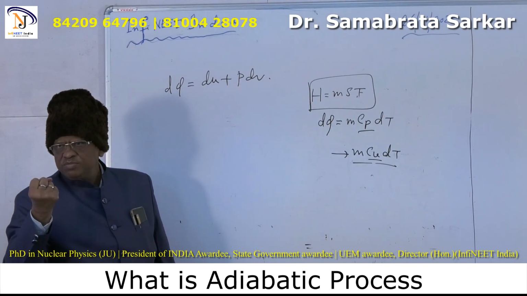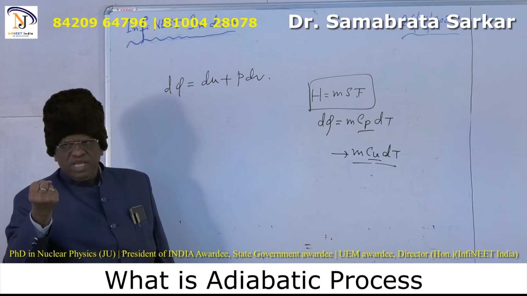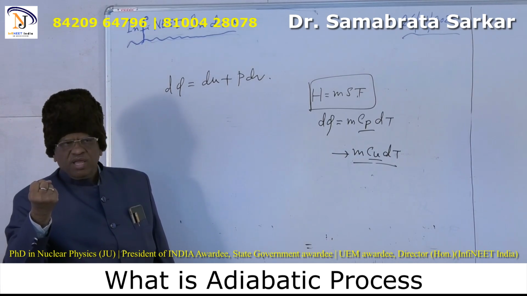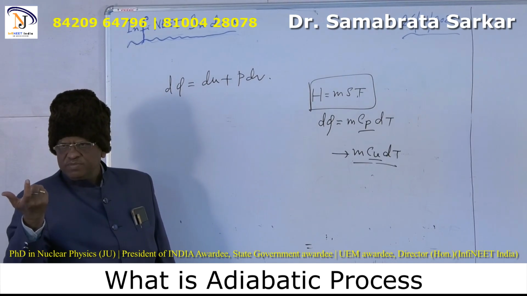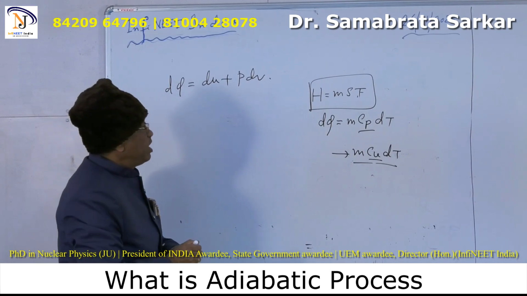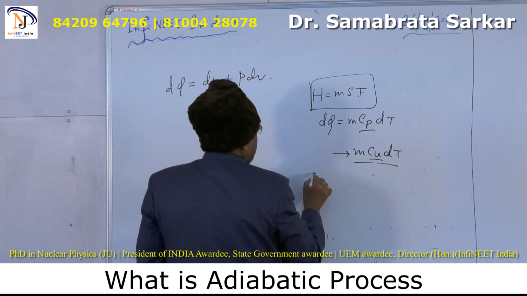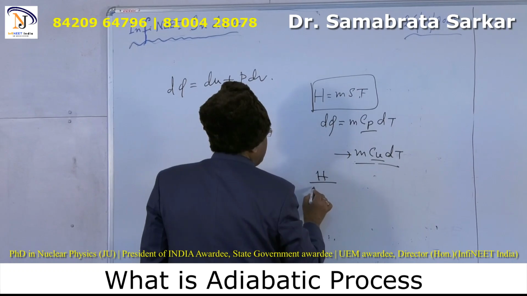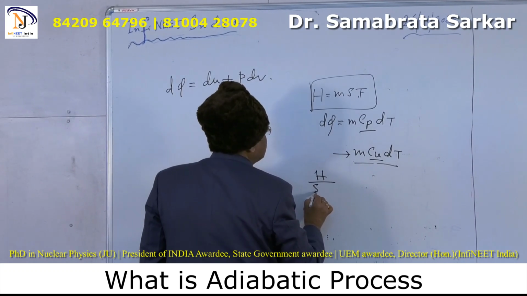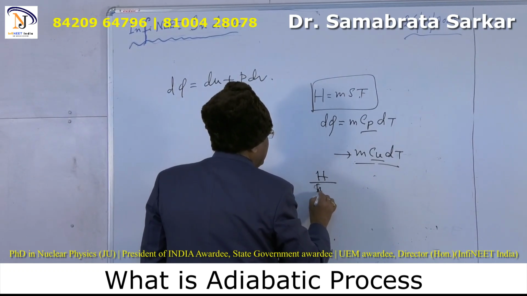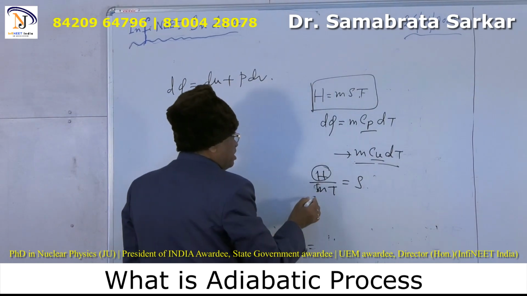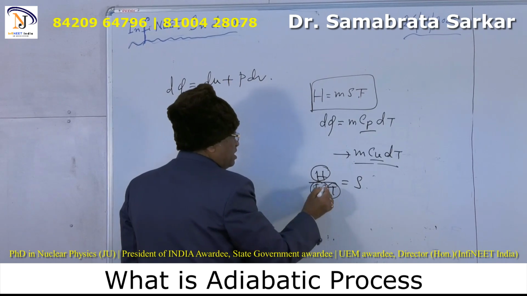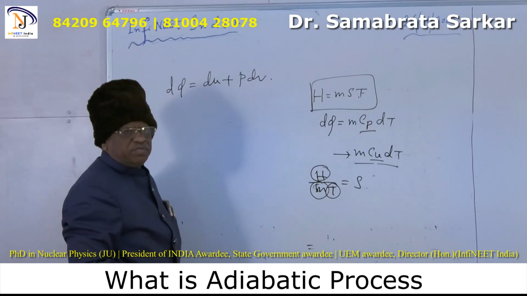The amount of heat it absorbs per unit mass per 1 degree rise in temperature, that is specific heat. Here you see, H by m into T equals S. Then the amount of heat per unit mass per unit degree rise in temperature, that is specific heat.